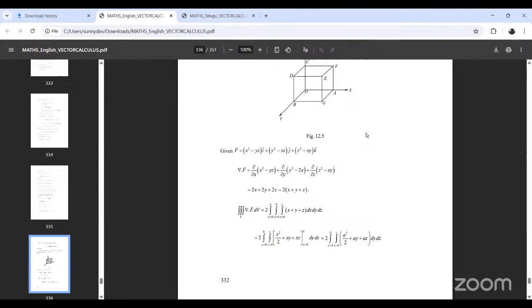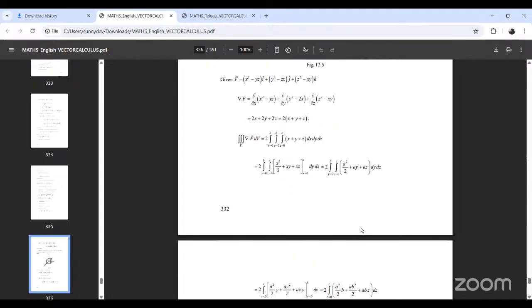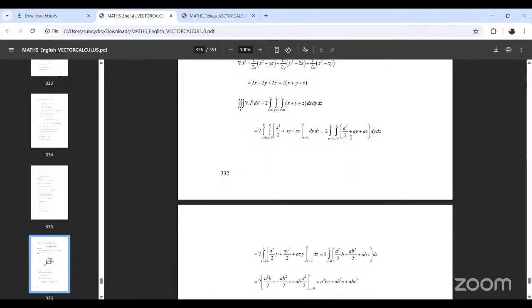Now dv equals dx dy dz. First we do the integration with respect to x, getting x²/2, xy, and xz, and apply the limits 0 to a, with dy dz. Applying the upper and lower limits, we are getting a²/2, ay, az, with dy dz.